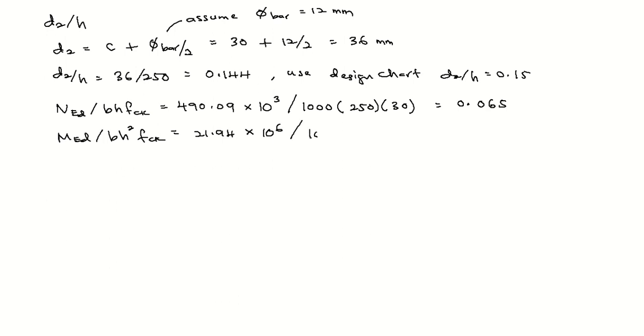Divided by 1000 times 250 square times 30. So equals 0.012. And from the design chart, let's check the design chart. X-axis 0.012, Y-axis 0.064.